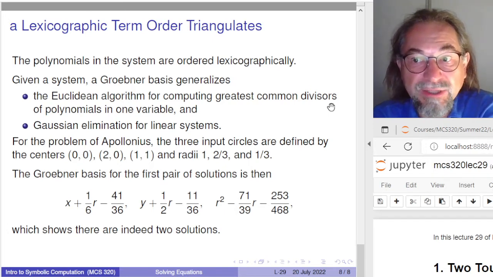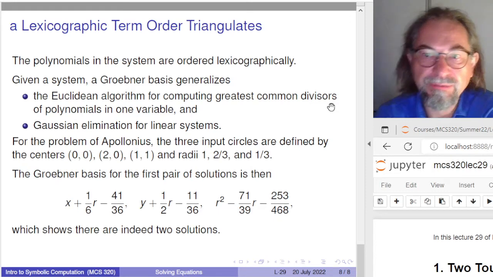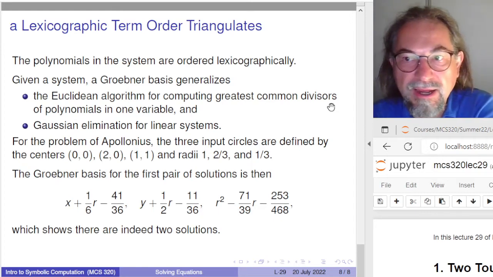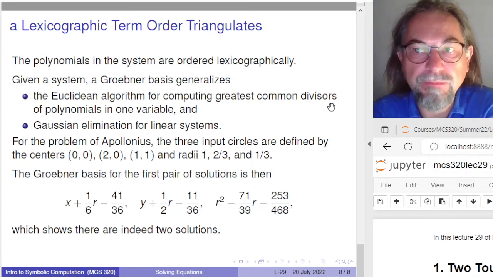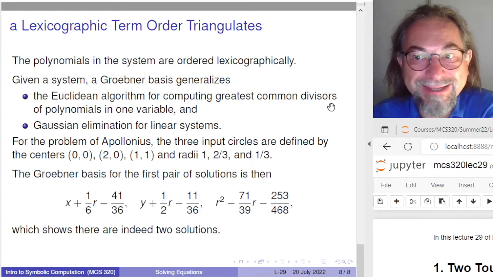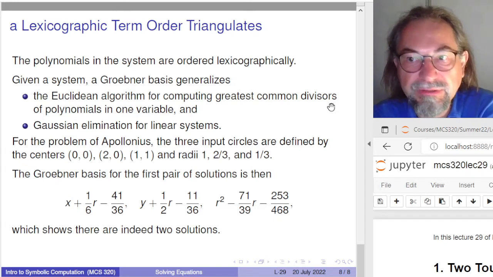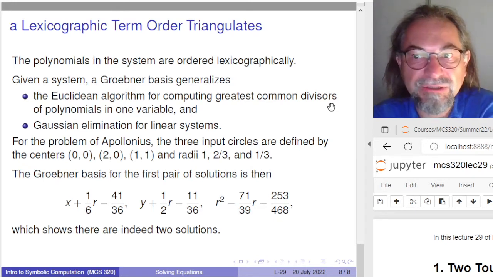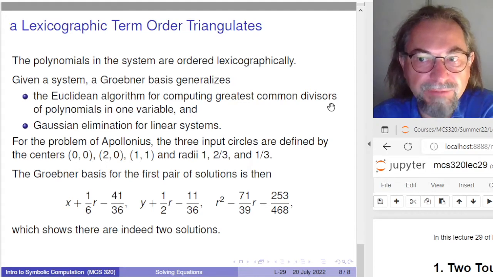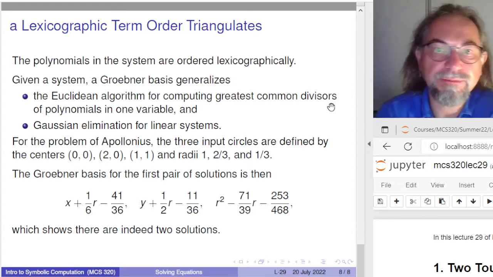So with the lexicographical order, here we have the variables x, y, and r, then all the terms that have x in them come first, no matter their degree. So within the terms that have x in them, we first put the term of highest degree in x. Very similar to the dictionary order.